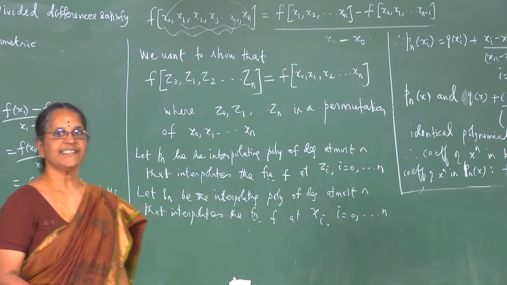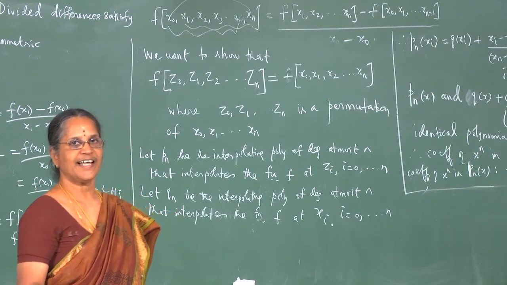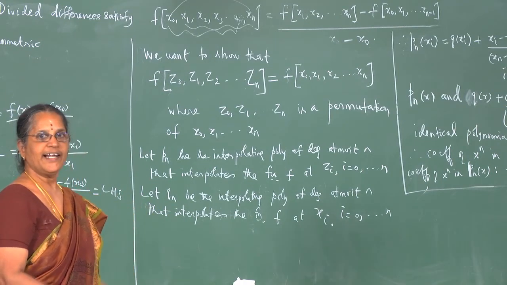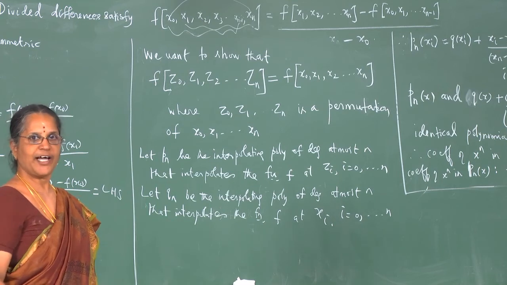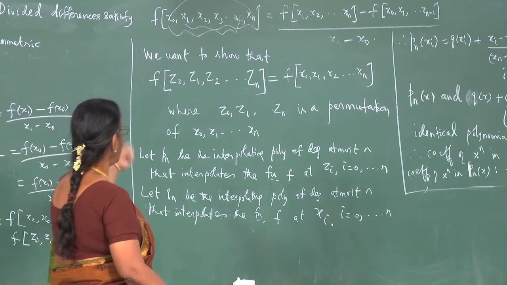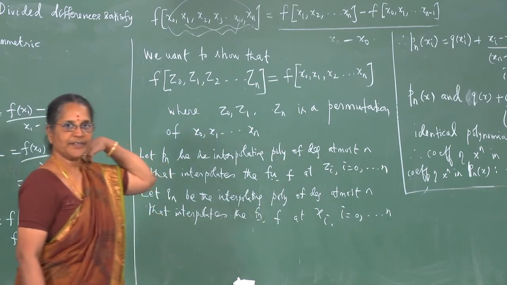Remember, zi's are no different from xi's, they are just cyclic permutations of the xi. So they are essentially the same set of points at which the polynomial interpolates the function f.